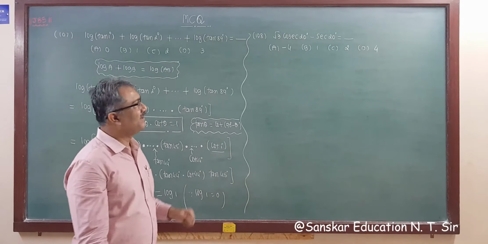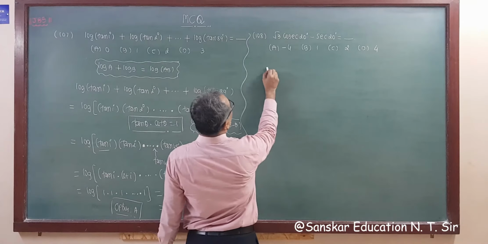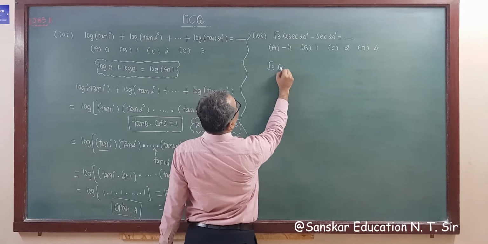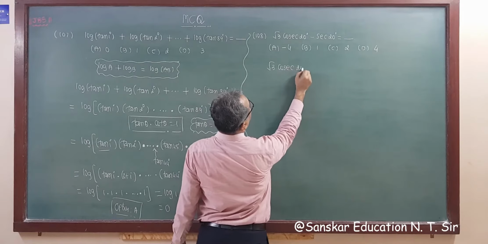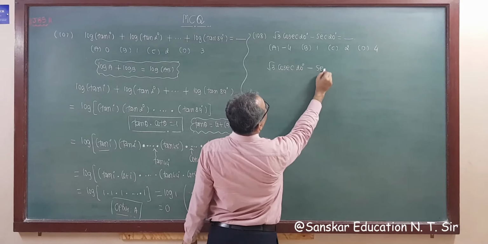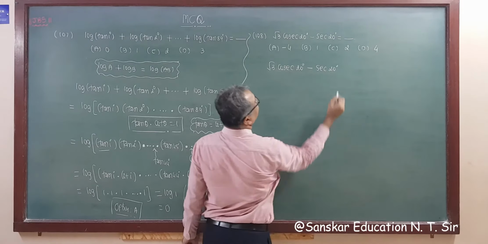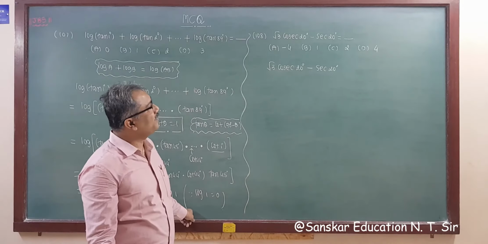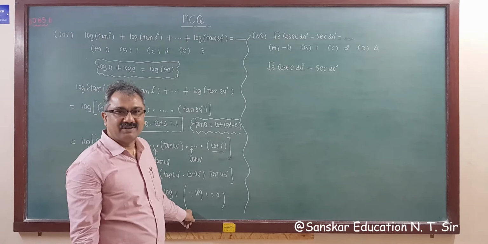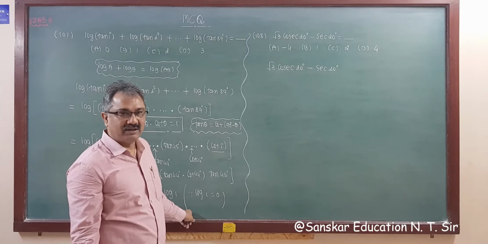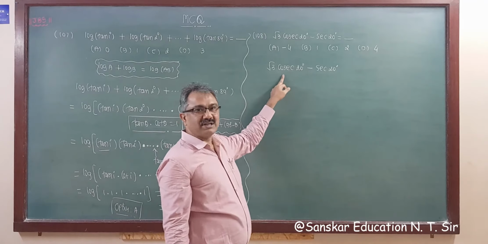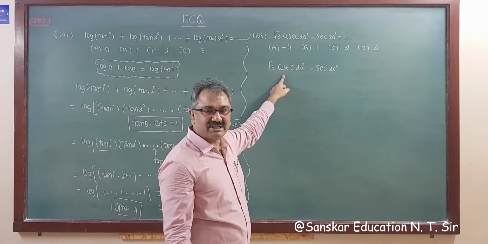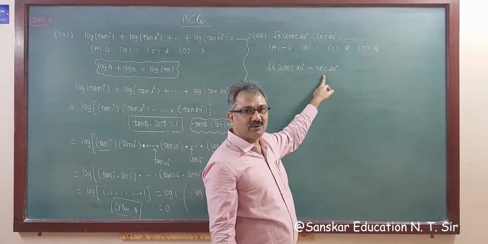So it is given √3 cosec 20 degree minus sec 20 degree. Now there is no standard formula for cosec and sec, so we have to convert this into sin and cos. Cosec means 1 upon sin, reciprocal of sin, and sec is reciprocal of cos.